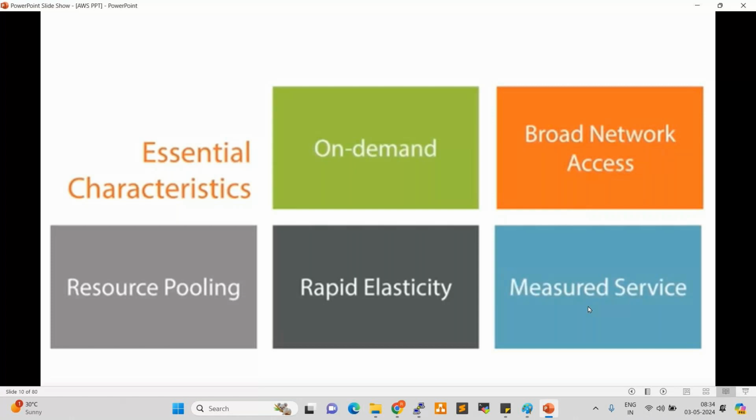If I'm using a server for 1 hour daily, for that 1 hour only we have to pay. It is measured, like gas bills or electricity bills: for however many units we use, we pay the bills. Same way. So, these are the five essential characteristics.